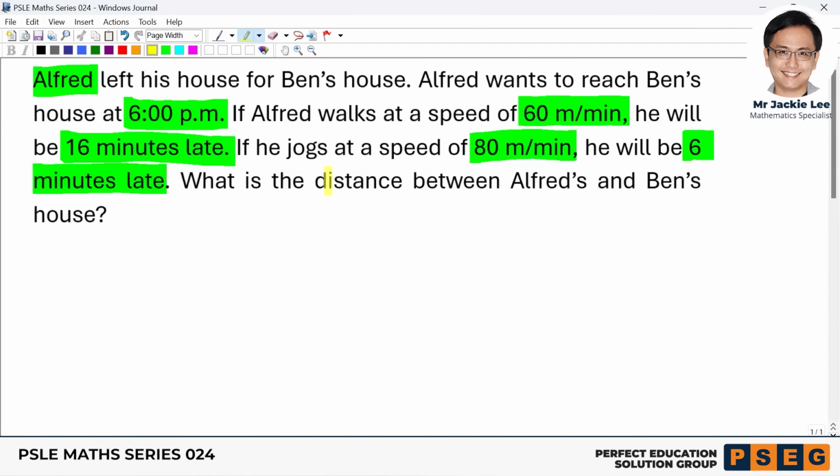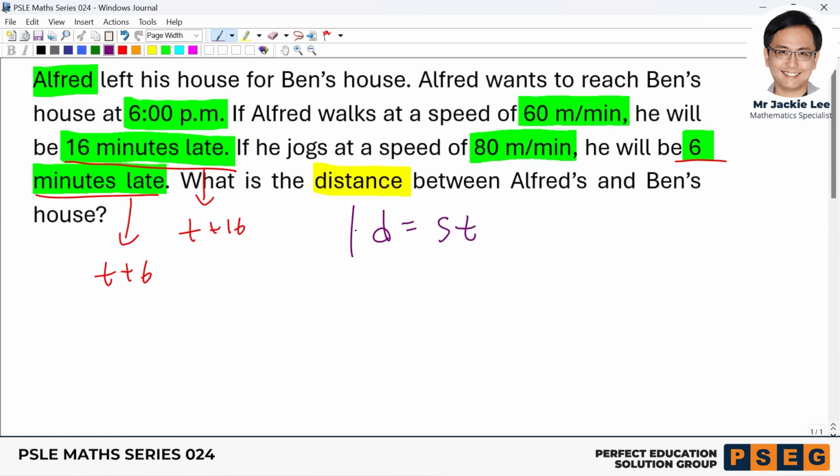The question simply asks for the distance between the two houses. Assume the time taken until 6 p.m. is T. So for walking we can treat this as T plus 16, and for jogging it's only T plus 6. Because of the same distance, remember the distance formula is D equals S times T.